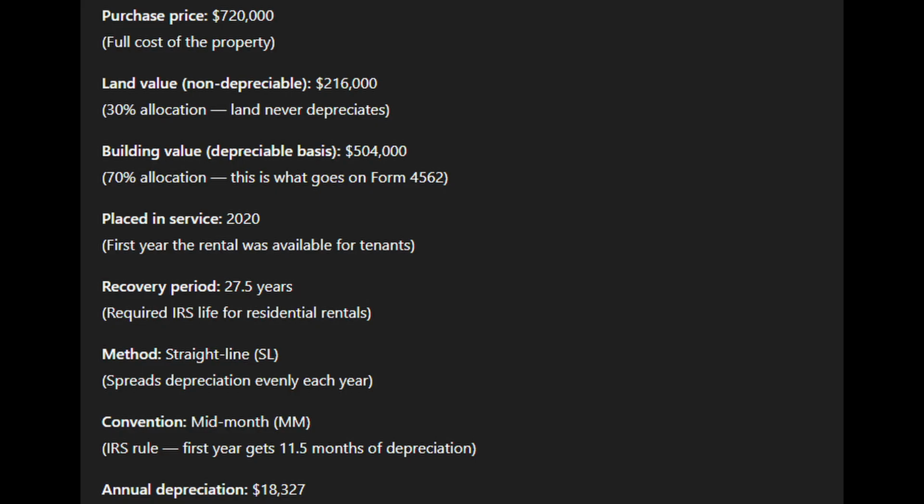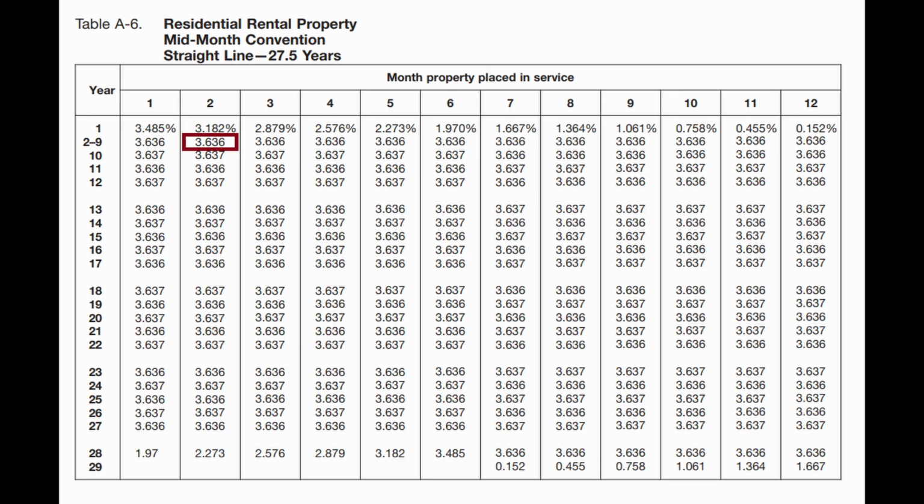The IRS also uses something called the mid-month convention, meaning no matter what day in the month the rental is placed in service, depreciation begins in the middle of that month. So the first year always gives you 11.5 months of depreciation, not a full 12. These rules are already printed on the IRS form. Depreciation for rentals comes from an IRS table from Publication 946.